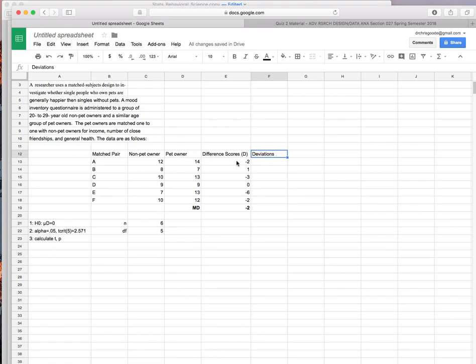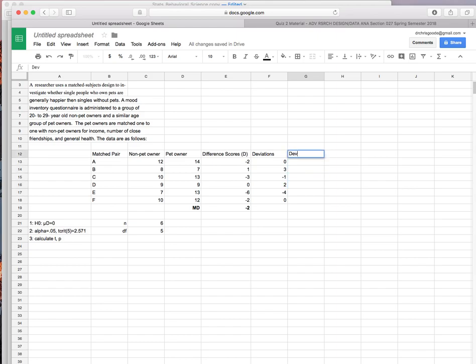Deviations are the difference between a difference score and the mean difference score. So deviation is the difference score minus the sample mean difference score. We'll make that a static reference so it won't update dynamically when we copy and paste. Those are deviations of each difference score from the mean difference score.